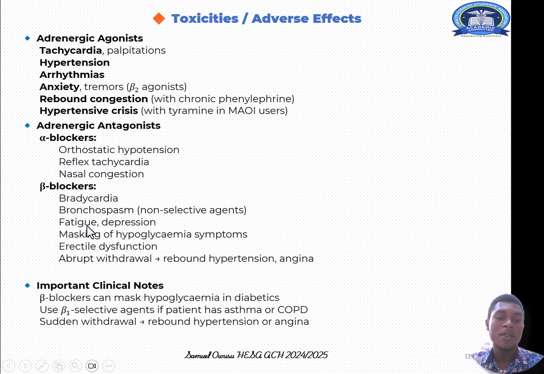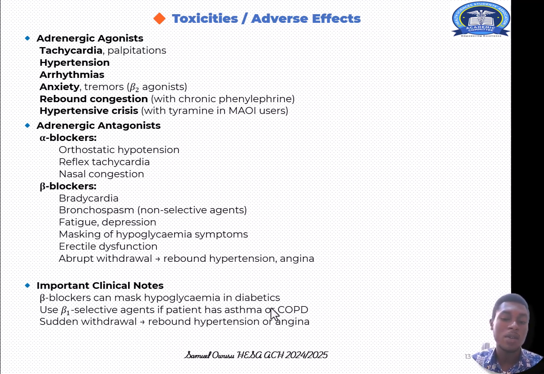There is fatigue, depression, and masking of hypoglycemia symptoms. This is one important thing to take note of: beta blockers mask hypoglycemia in diabetes. So you have to use beta 1 selective agents if the patient also has asthma or COPD. Sudden withdrawal is also going to cause rebound hypertension or angina.